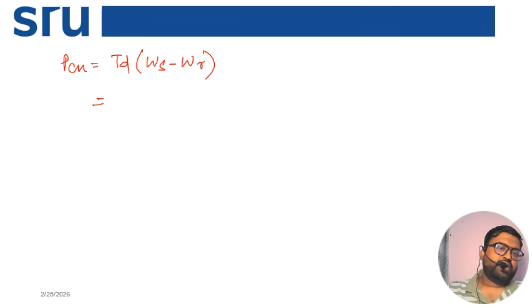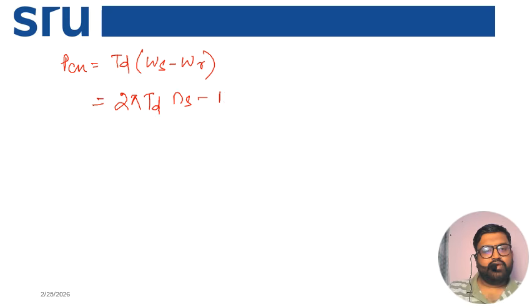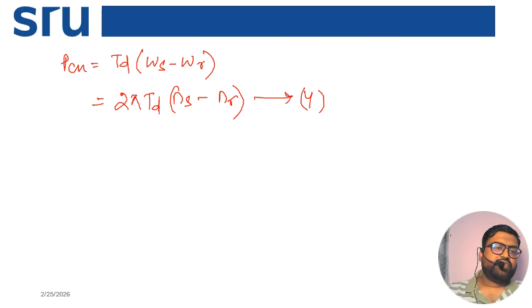Then if we put 2 pi ns, you can take 2 pi TD, then ns minus nr, right? This is equation number 4, and this is your P copper equation.